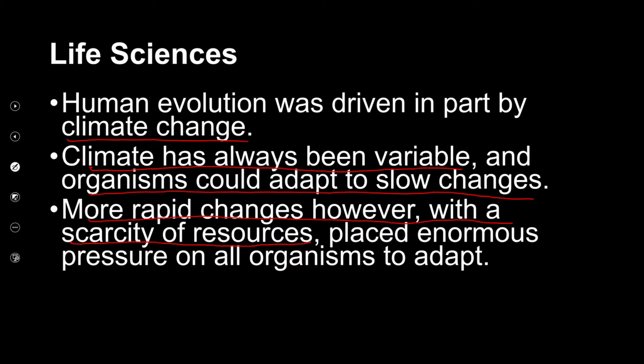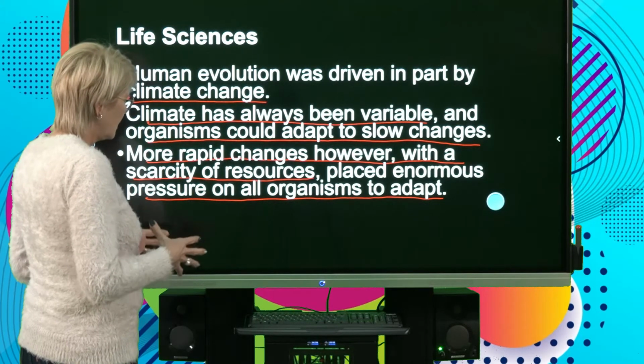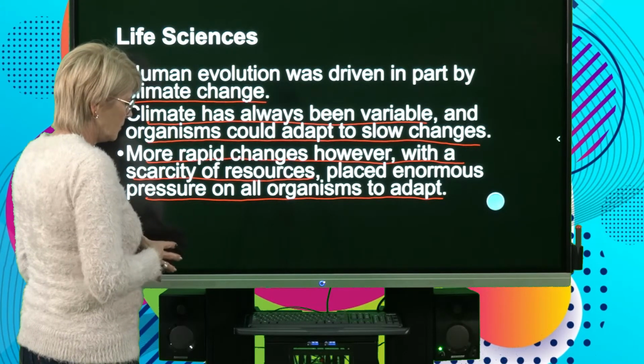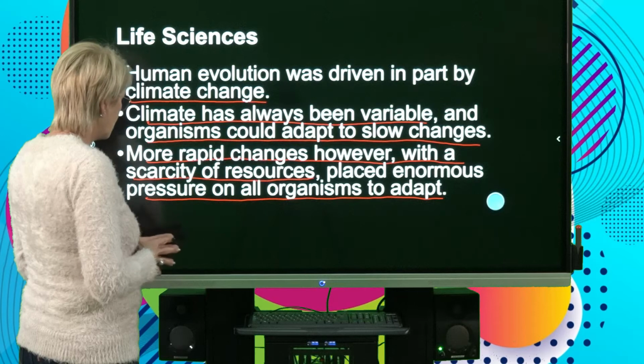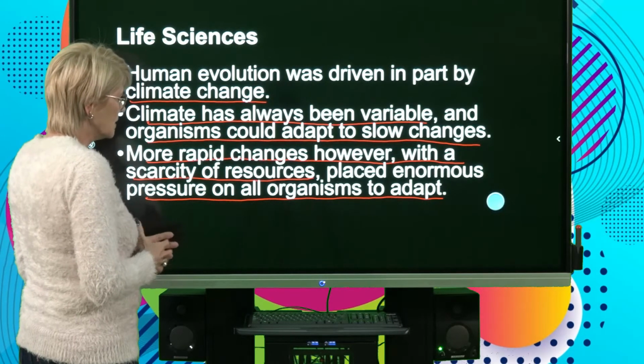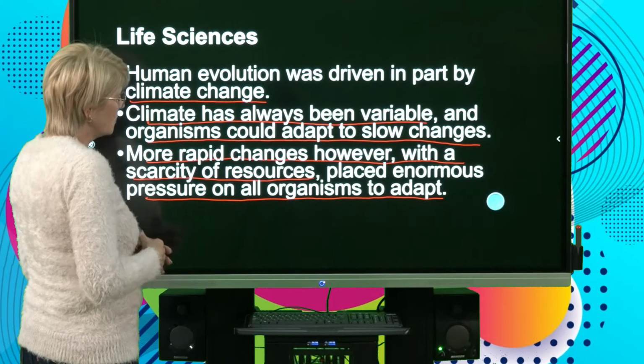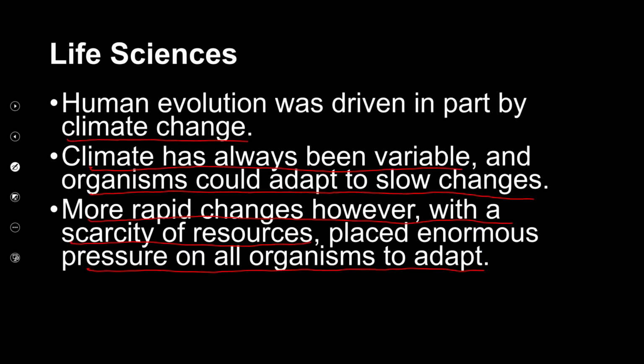So we have a lot of competition amongst species for resources in a habitat due to whatever climatic change or environmental change that took place, and then those organisms need to adapt. And obviously those organisms or the populations that have more suitable changes or adaptations or characteristics, they would then survive.